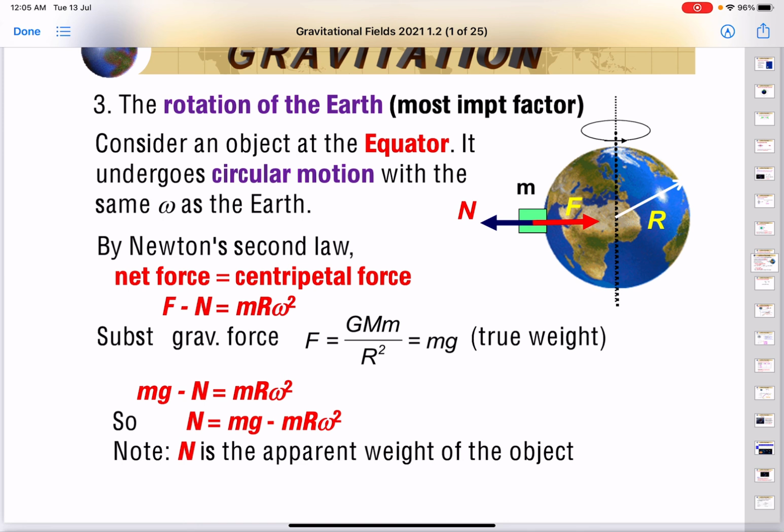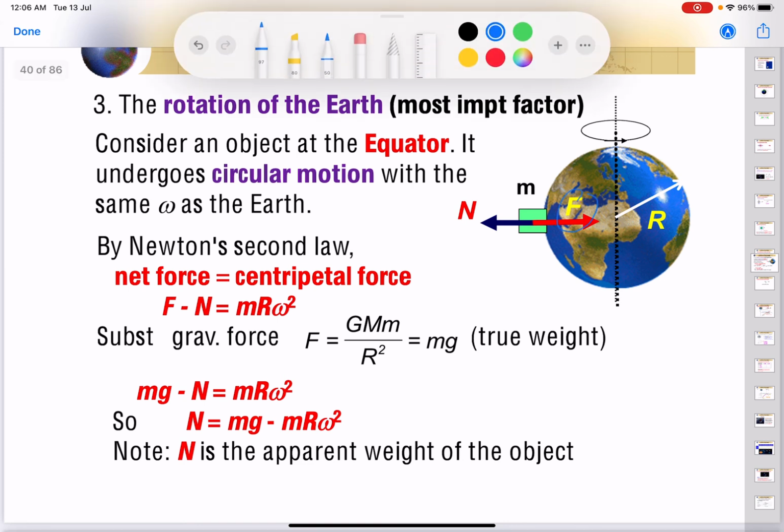The centripetal force, which is also the resultant force acting on this object, is given by F, acting towards the center, minus N, which is away from the center. So this resultant force is equal to ma. And we can sub in the gravitational force F and try to find the value of N.